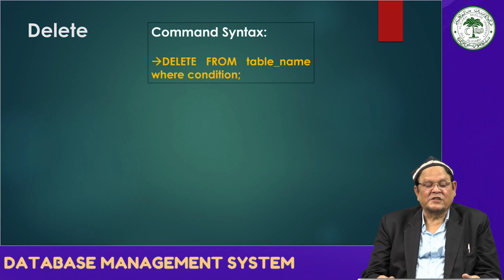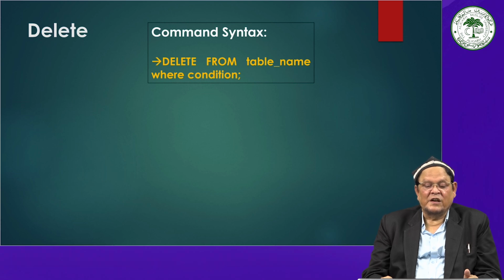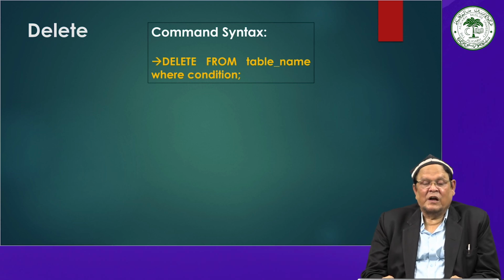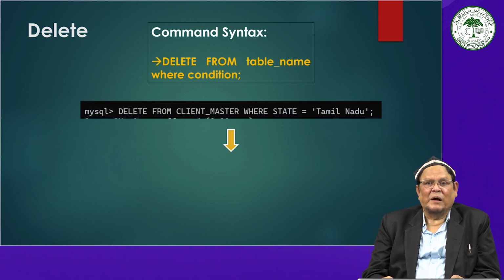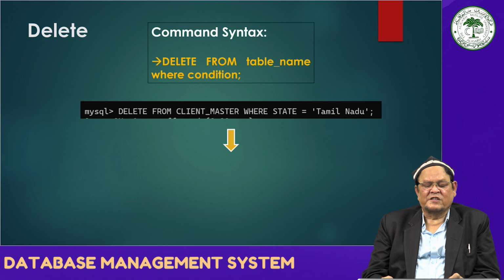After that, the next command is the delete command. It is also important. The syntax is: delete from, you write the table name, and then you give a condition using where. So in MySQL, you can type on the screen: delete from client_master where state = 'Tamil Nadu'.